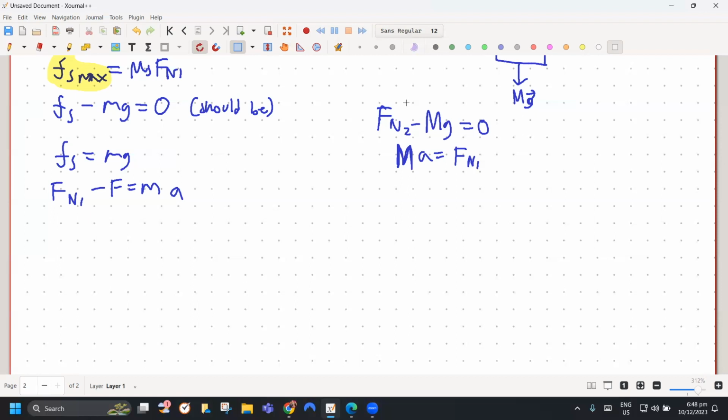Yung big F, that's going to be assumed known. Kasi, ang gagawin natin, magsasubstitute tayo ng values ng big F and then compute static friction. And then check, is the static friction above the threshold or below the threshold?